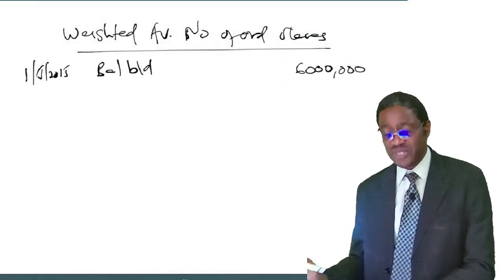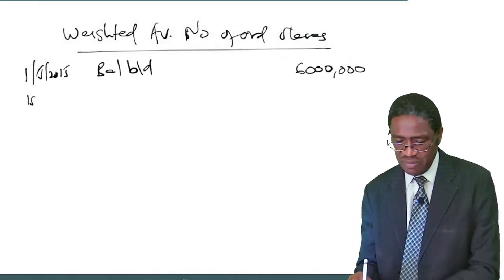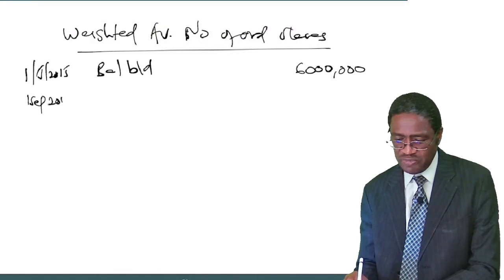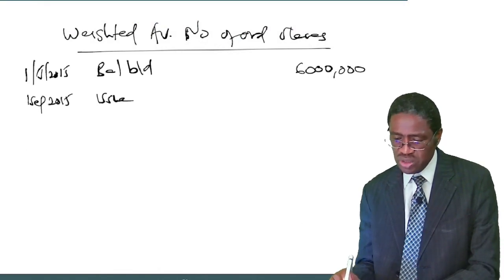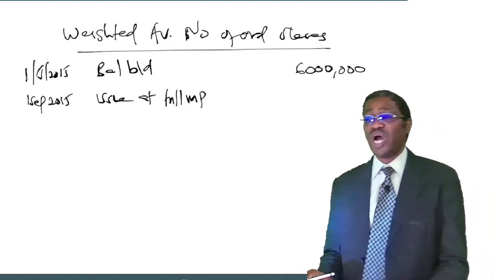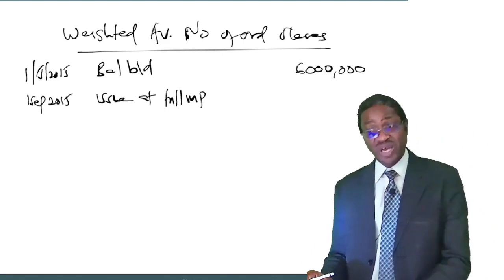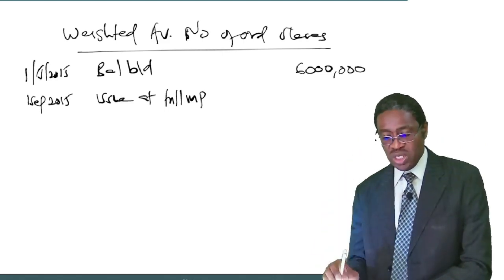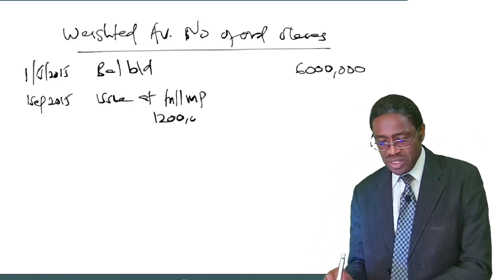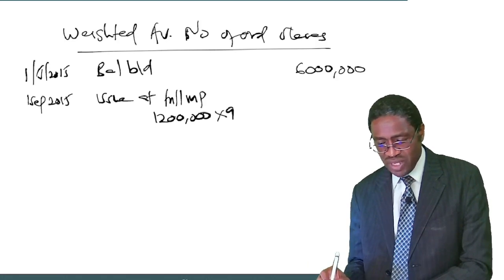So on 1st September 2015, issue at full market price. We issued 1.2 million shares, and we know the rule, when shares are issued at full market price, they must be weighted on time basis.